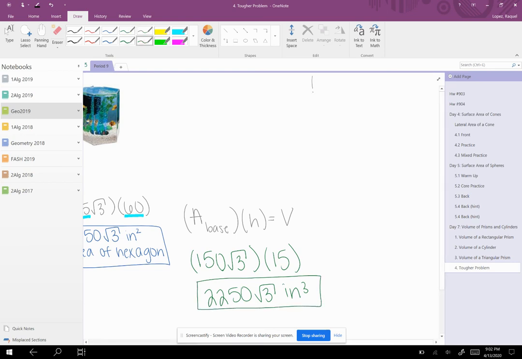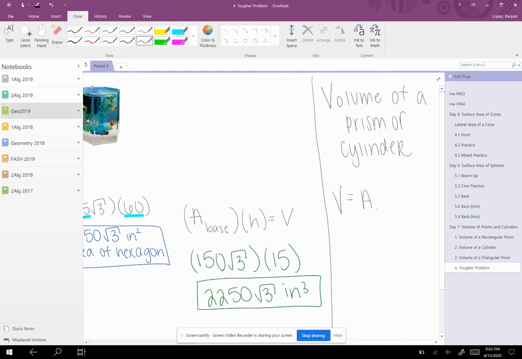So to summarize, in all of these problems, to find any volume of a prism or cylinder, we find the area of the base and you multiply it by the height.